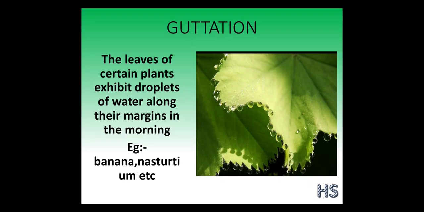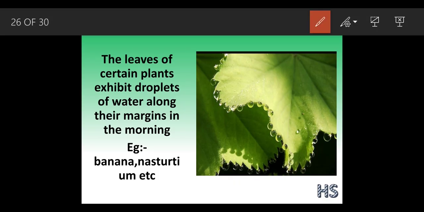Now let's understand guttation. The leaves of certain plants exhibit droplets of water along the margin in the morning. This guttation occurs mainly during early morning or late nights. Why does it occur during early morning and late nights?